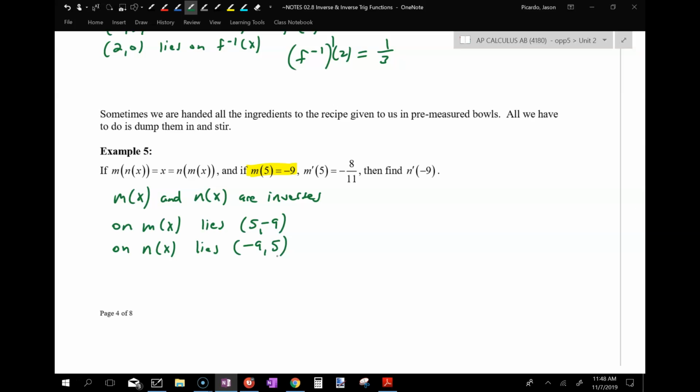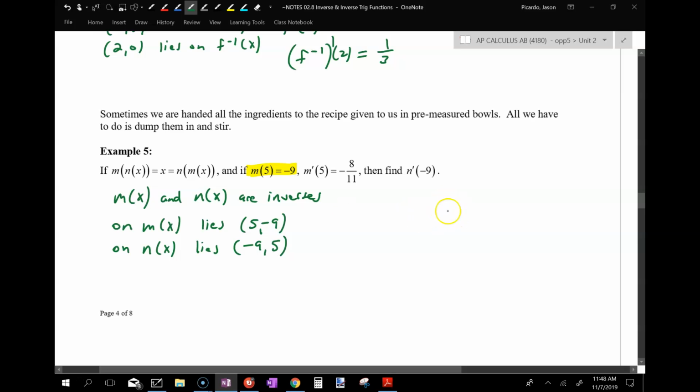All right, so let's just really quickly talk about what's happening graphically. There's one point that's on some curve n of x. Here's another point that lies on m of x. Now, here's the deal.